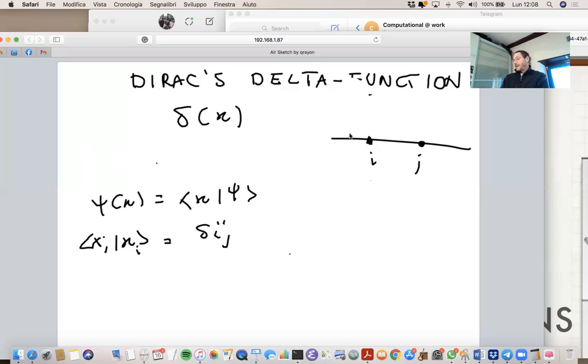The orthonormality condition becomes simply a Kronecker delta. But then we wanted this condition to be generalized to the case in which the arguments are no longer on a discrete mesh, but in the continuum.